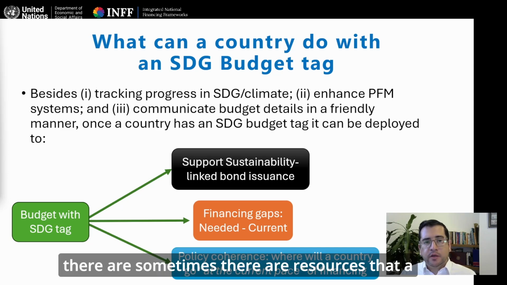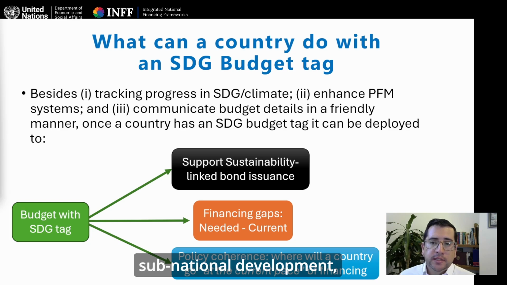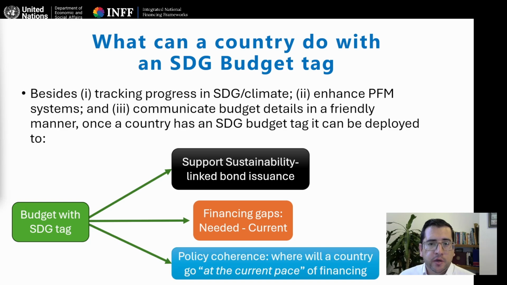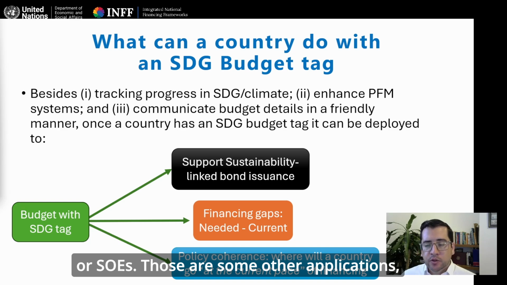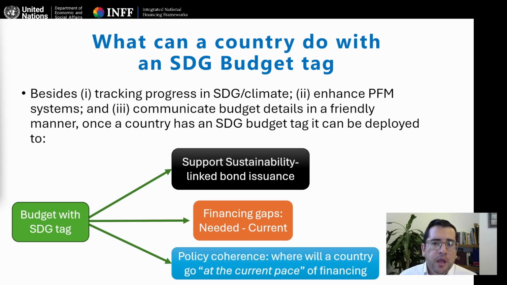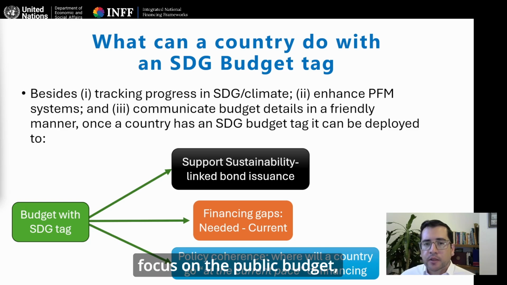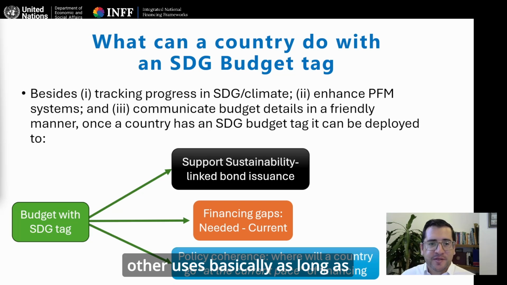So within a country, there are resources available for subnational development, and those flows can also be considered here, as well as resources from state-owned enterprises, or SOEs. Those are some broader applications that the SDG budget tag can have. All of this is just to tell you that today we're going to focus on the public budget, but take into account that there are other uses.